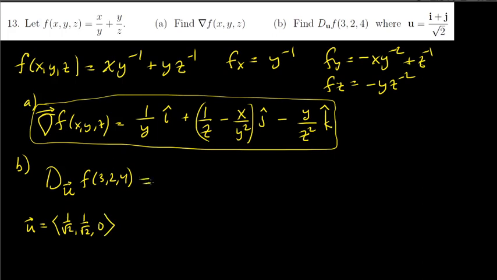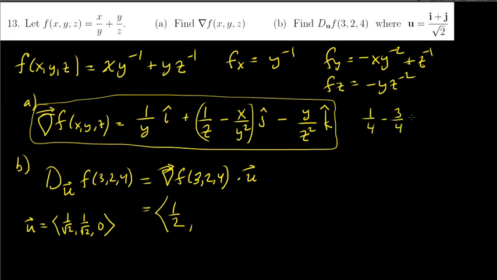So the easiest way to calculate the directional derivative is just take the gradient at the point (3, 2, 4), dot product with u. So the gradient, let's plug in the 3, 2, and 4 here. If we plug in y equals 2, that's 1/2. Oh, shoot. This is going to be 1 over 4 minus 3 over 4. Oh, that's nice.